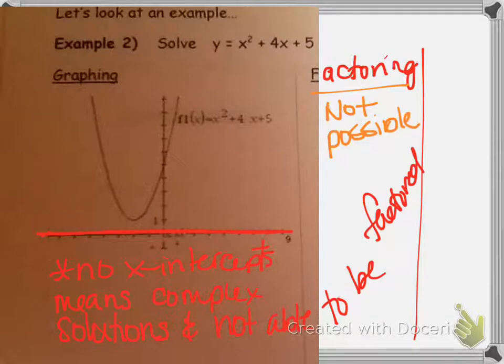Okay, so instead we have to use the quadratic formula, which is why I left you some more room there for the quadratic formula. I'm going to go to the next page, so pause as needed. So we have the equation y equals x squared plus 4x plus 5. Nothing changes here. I still need to know a, b, and c.